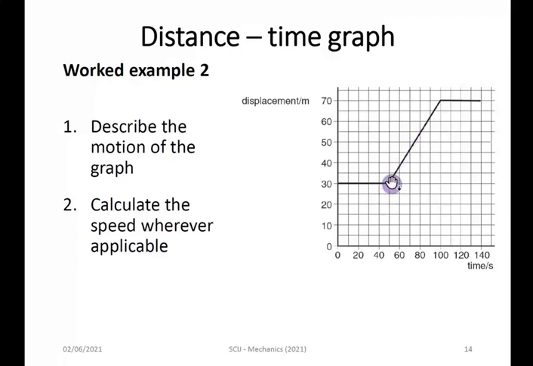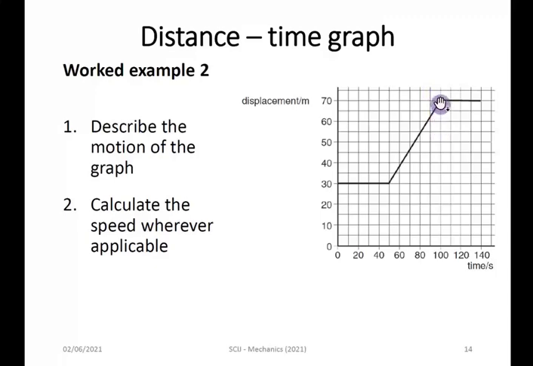It started moving and we can see that one in the gradient. You see, we have a straight line gradient from 50 seconds onwards, and it continued until the 100th second.